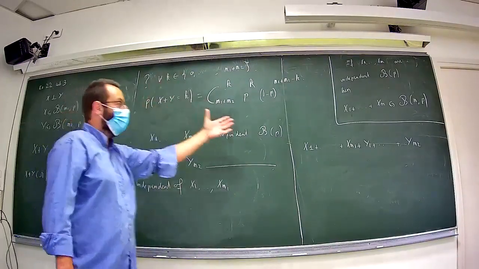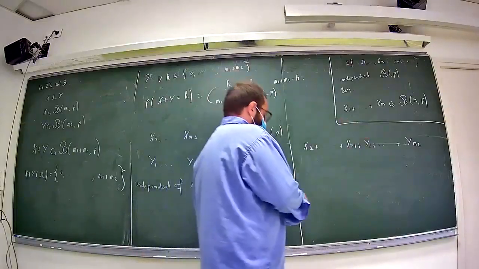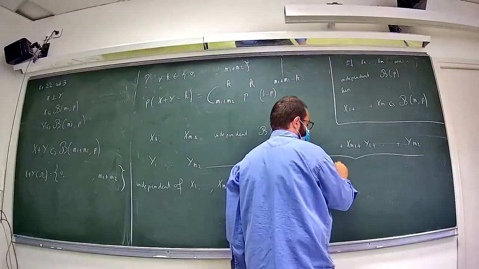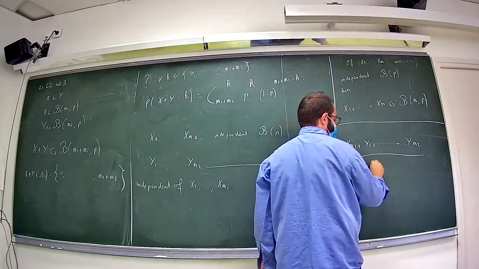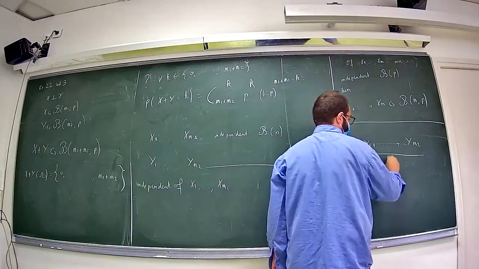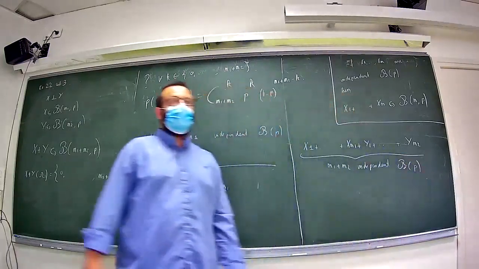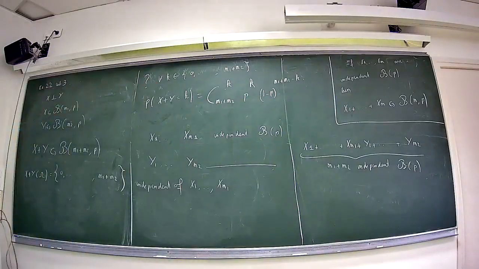So I have a set of independent random variables here. Okay, so you have here n1 plus n2 independent Bernoulli of parameter p.